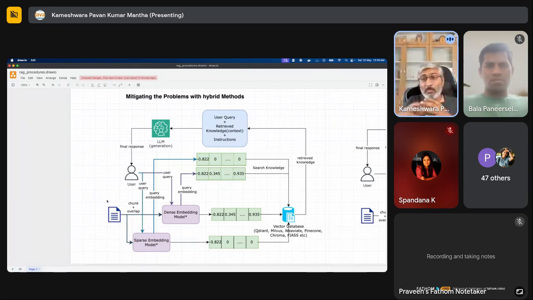Both are getting done at the same time, so the relevancy or accuracy of getting the top K documents, which are aligned very close to the context of the question, increases drastically. This is one of the methods you can experiment with to increase answer relevance at the final stage. So at the final stage, we only deal with answer relevance.